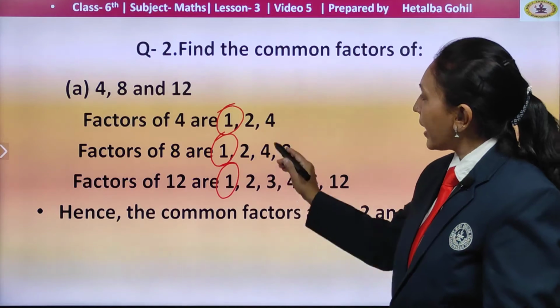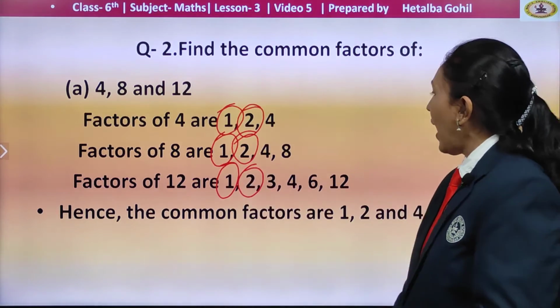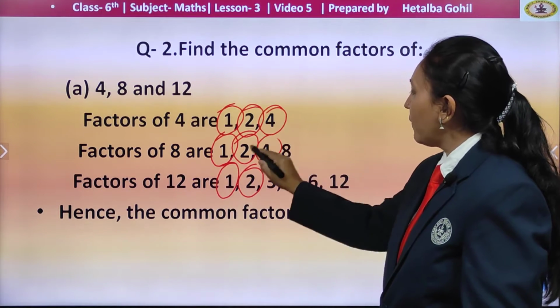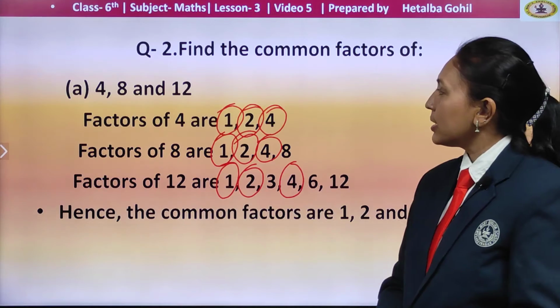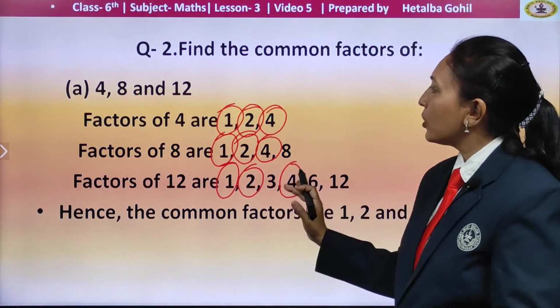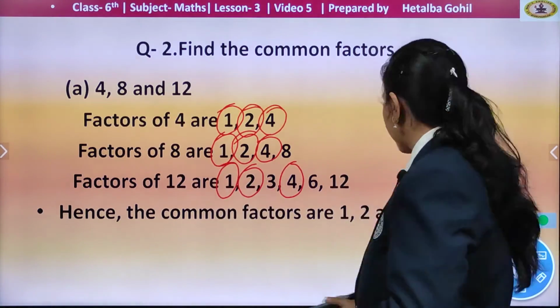Now the second is 2, and one more we have here is 4. So we have three common factors, that is 1, 2 and 4, which are common among 4, 8 and 12.